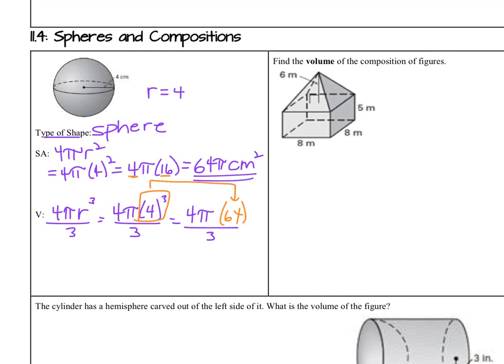Now we're going to want to multiply the 4 in the 64 to get our numerator. 4 times 64 is 256. So that would be 256 pi over 3. And if you check that on your calculator, 3 doesn't go into 256 evenly, so we'll keep this fraction as our answer and then label with centimeters to the third power, or centimeters cubed. That would be the volume of that sphere.